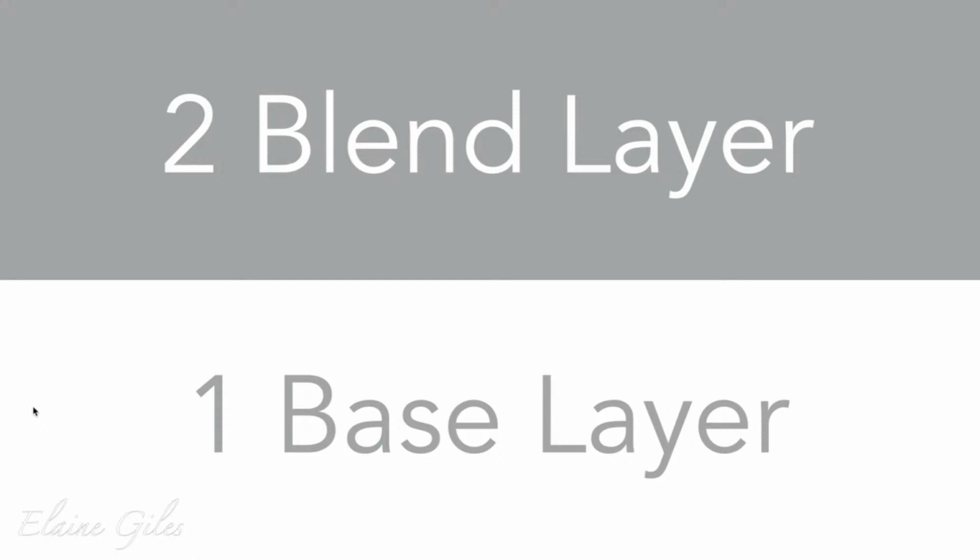You're going to have 1, the base layer, and 2, the blend layer. And it's the pixels on each of those layers that we're going to then talk about. You can use more than 2 layers with blend modes, but 2 is the bare minimum, because a blend mode is an interaction between 2 pixels on 2 or more layers.